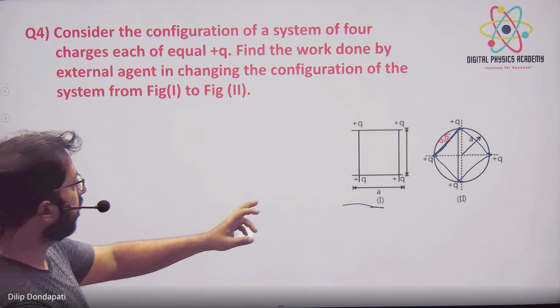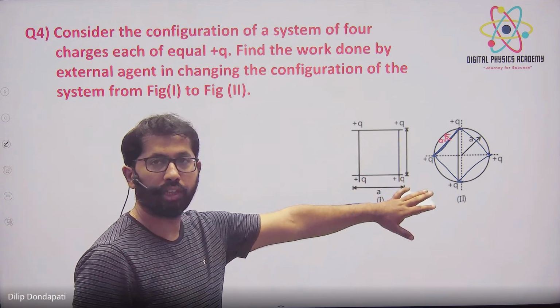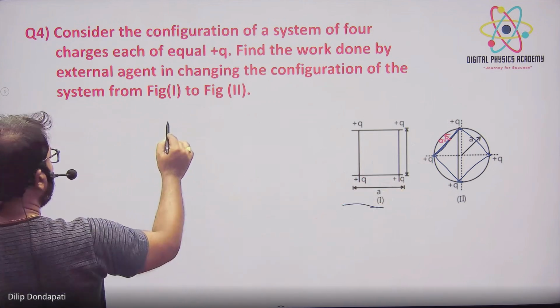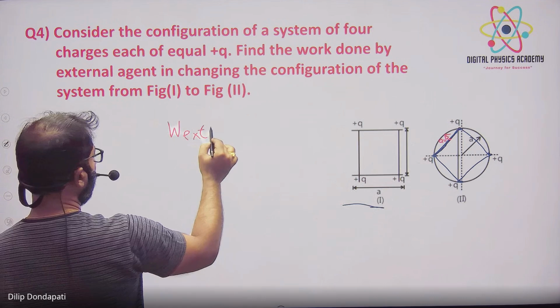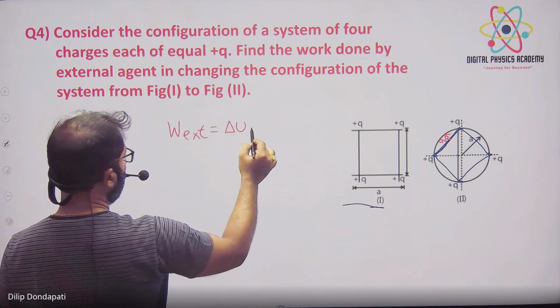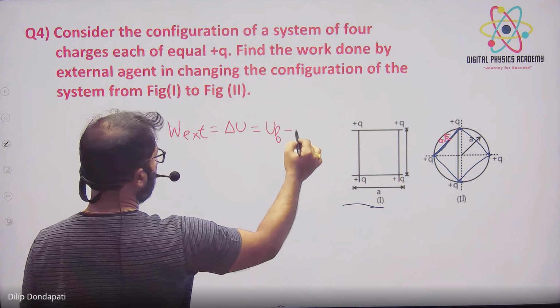So what do you know? Tell me. This is the initial configuration, final configuration. I want to find the burden. So the burden by the external agent is equal to the change in potential: final configuration potential energy minus initial potential energy.